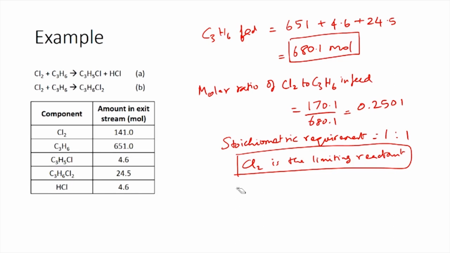So, based on the stoichiometry, we know that 4.6 moles of C3H6 actually got converted to form C3H5Cl. So, the fraction conversion which has been asked for basically would be the amount of C3H6 which reacted to form C3H5Cl, which is 4.6 moles, divided by the total amount of C3H6 which is fed, which is 680.1, giving you a value of 6.76 times 10 power minus 3.